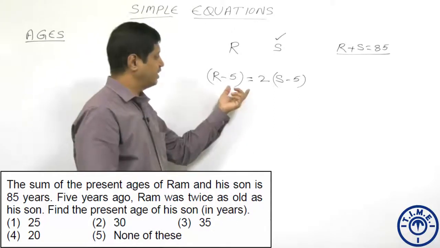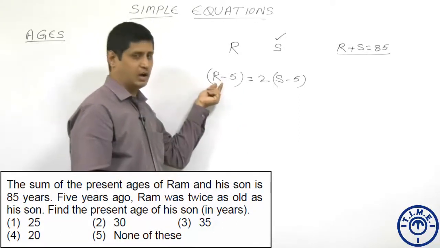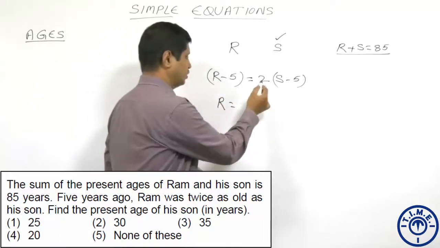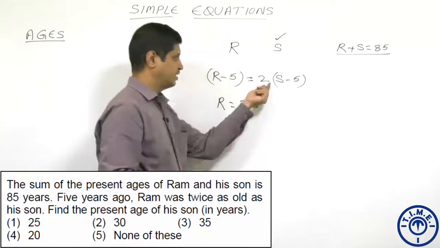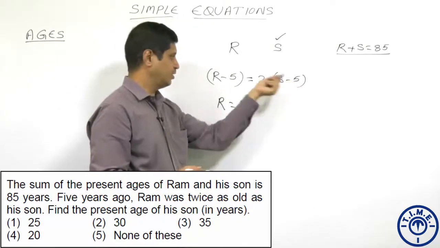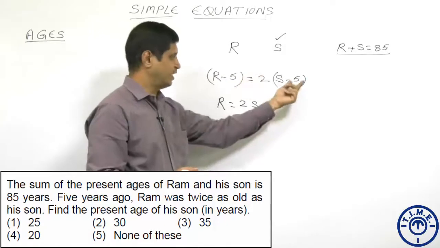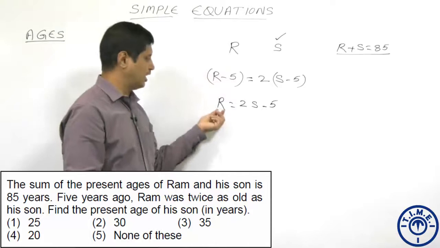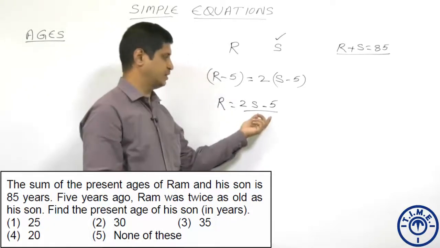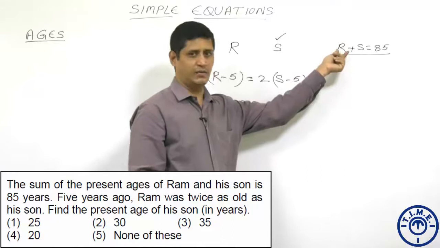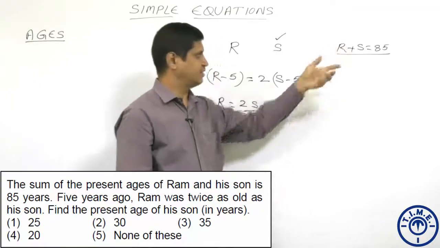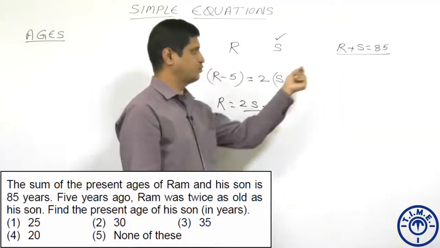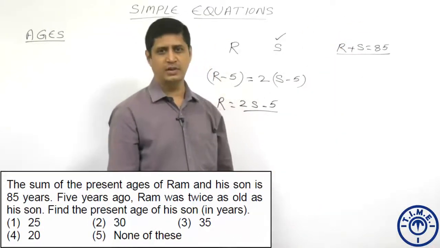We can write R in terms of S: 2 times S minus 5 is 2S minus 10, plus 5 results in minus 5. The value of R is 2S minus 5. When you substitute the R value in equation 1, 2S plus S means 3S, and minus 5 taken to the other side becomes positive 5, resulting in 90.